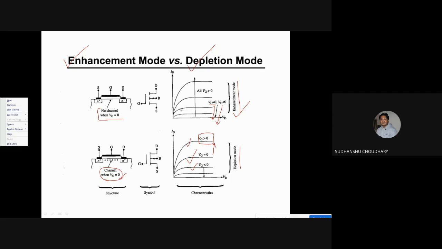But as you increase VG, the level of current is also increasing. These four IV characteristics you are seeing are all for VG greater than 0. So this is basically the difference between enhancement and depletion mode MOSFET. I'll stop here, and if you have any queries, then please ask.